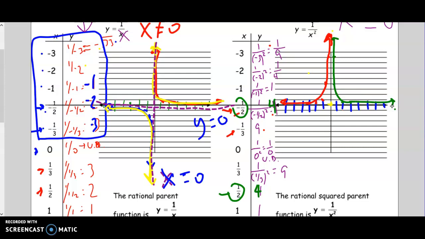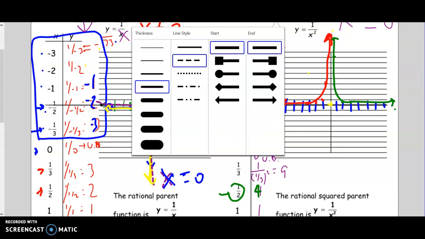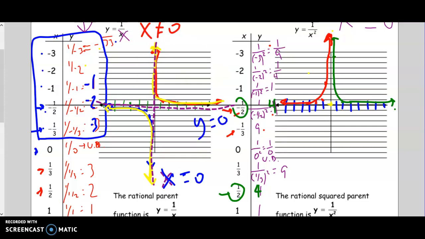Okay. It still has the same asymptotes. We have a vertical asymptote here. Dashed lines is how you do it. Should be straight. The equation for that one is x equal to 0. We have a horizontal asymptote here. The equation for that is y equal to 0.